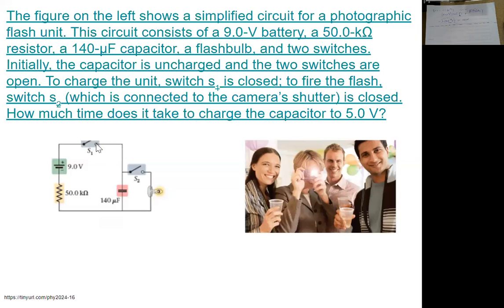So that means you close this one and then calculate how much time it takes to have the potential across the capacitor be 5.0 volts.